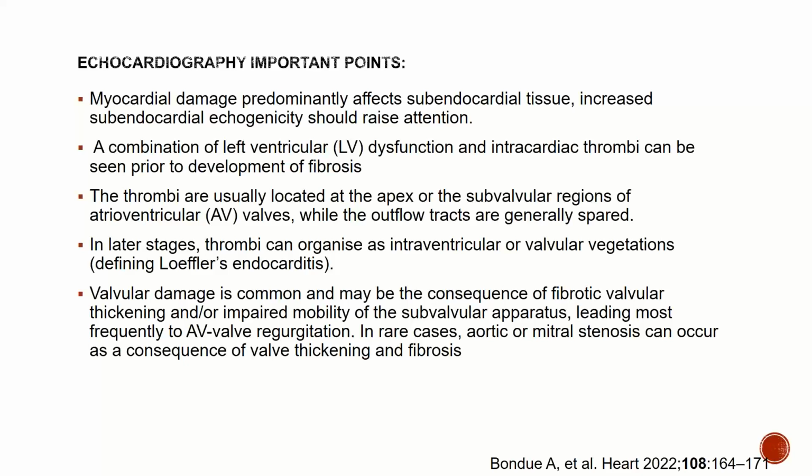Thrombi are usually located in the apex or subvalvular region of the AV valve, while the outflow tract is generally spared. And in later stages, thrombi can organize as intraventricular or valvular vegetation. It's called Loeffler endocarditis. And valvular damage is common and may be the consequence of fibrotic valvular thickening or impaired mobility of the apparatus, especially in the fibrosed stage.